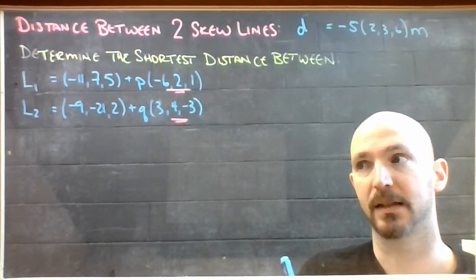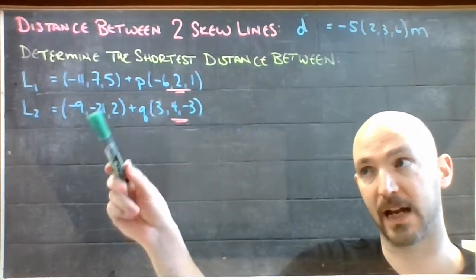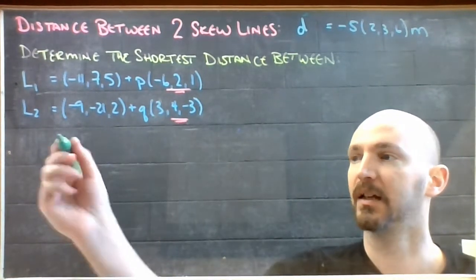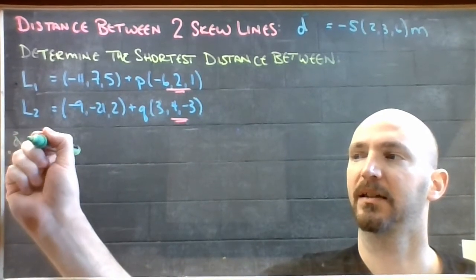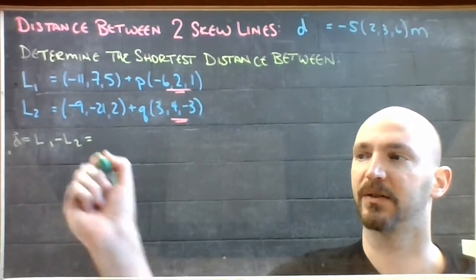All right, the second way that I can construct this vector here, connecting my two skew lines, is to take the coordinates of line 1 and subtract the coordinates of line 2.